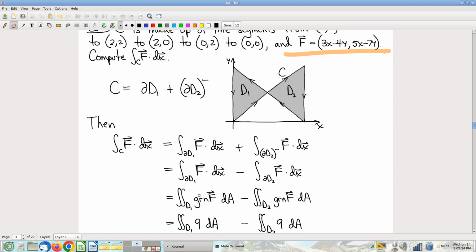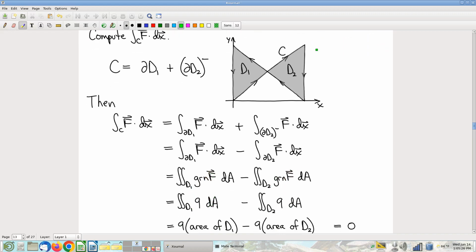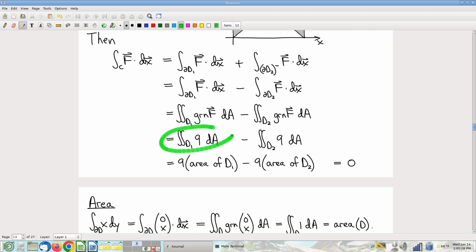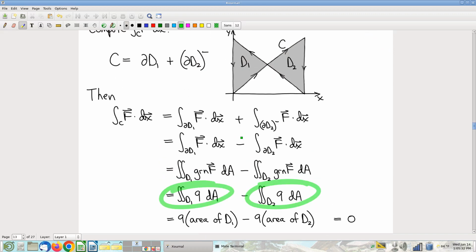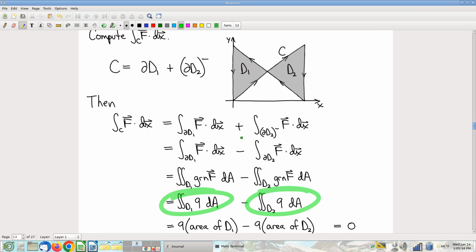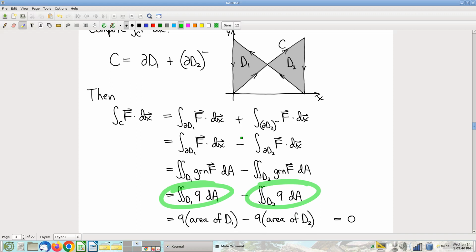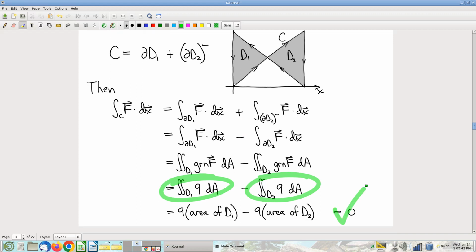And these are easy integrals. These are just integrals computed over these nice little geometrically convenient triangles. And what a convenient coincidence! They happen to have the same area, and so, geometry. Answer is 0. Everybody with me?